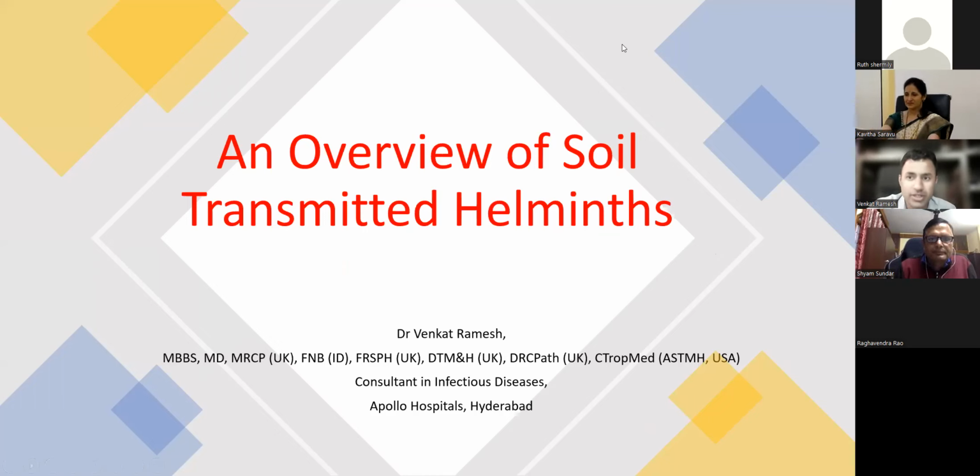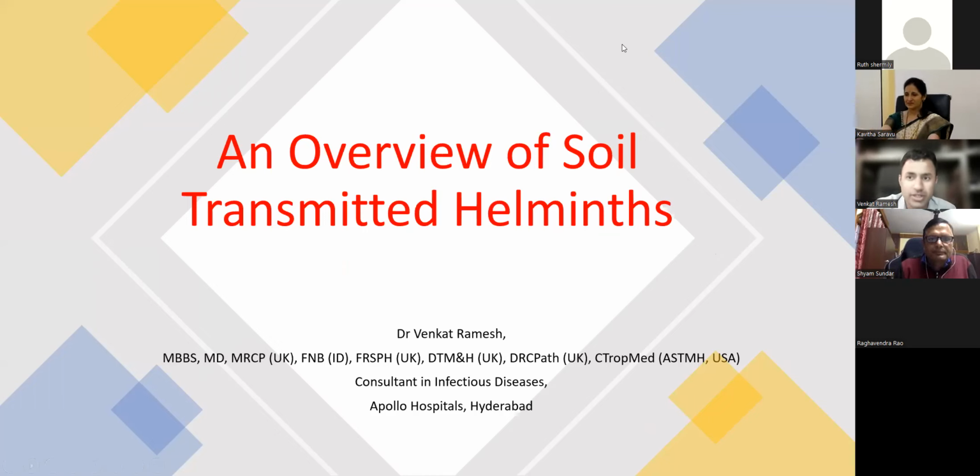What I want to take the audience to is that the soil-transmitted helminths actually include 3 organisms: roundworm, whipworm, and hookworm. Traditionally, Strongyloides was not included in the definition because of the lower prevalence and lower associated morbidity, and also because albendazole is a common drug given for roundworm, hookworm, and whipworm, which does not work against Strongyloides.